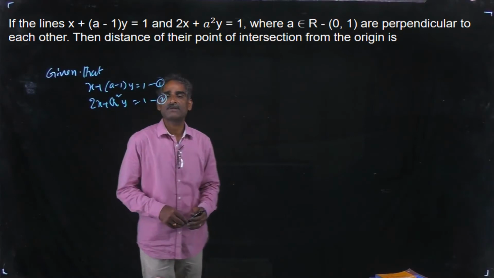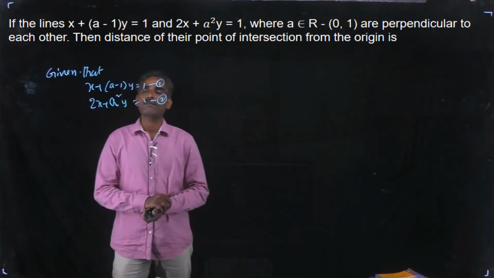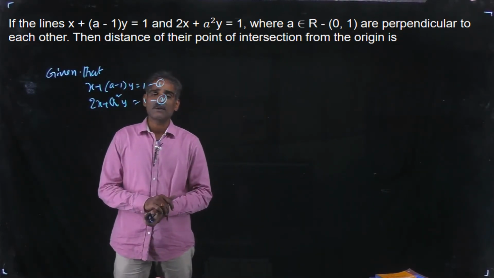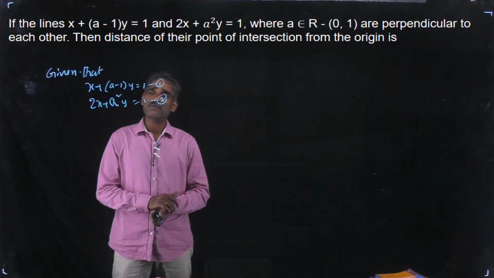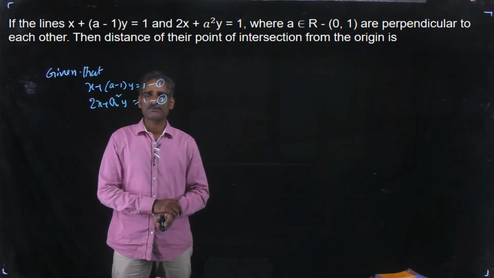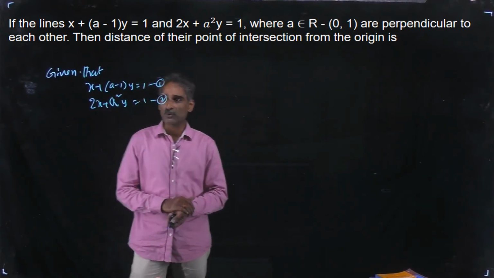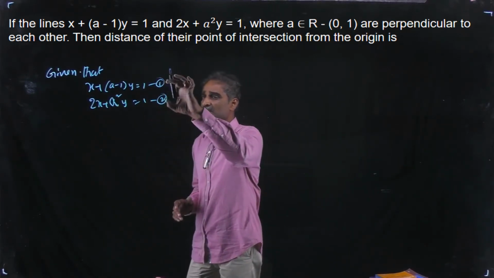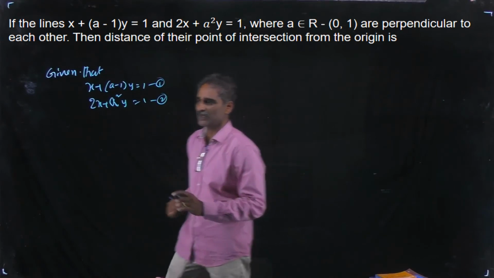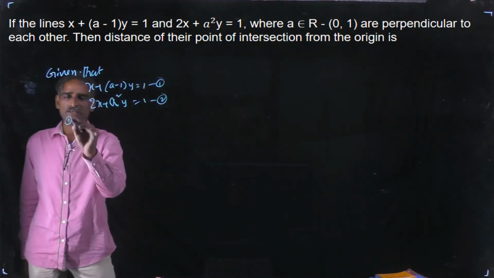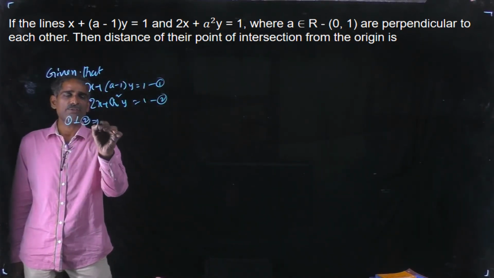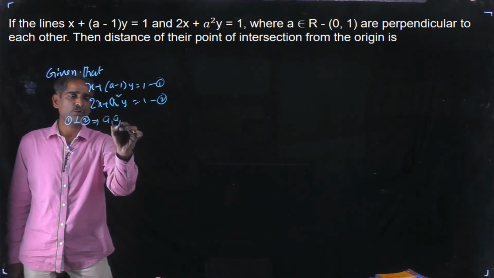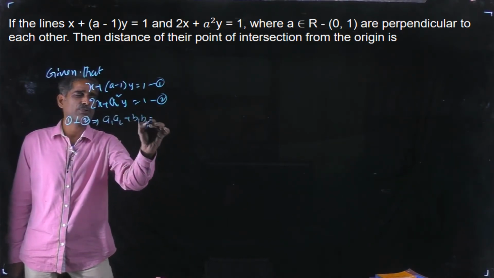Right? See this problem: if these two lines are perpendicular, find the distance from the intersection point to the origin. So first of all, find the unknown. Here the unknown is A. For that, we are given that 1 and 2 are perpendicular. So 1 is perpendicular to 2. This implies a1 a2 plus b1 b2 equals 0.